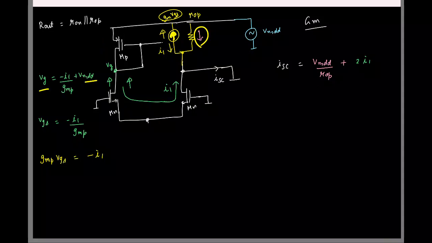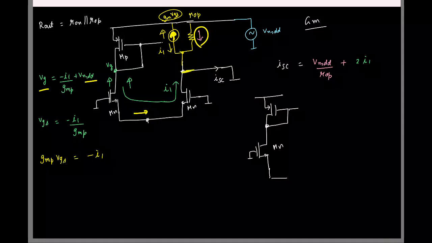I1 is essentially the current flowing in this branch, so I'll redraw that branch for clarity. We have the NMOS, and what is the impedance connected to the source of the NMOS? 1 by gm of the NMOS, because the drain is ground.